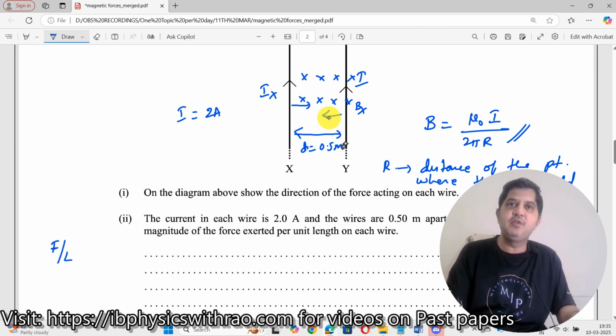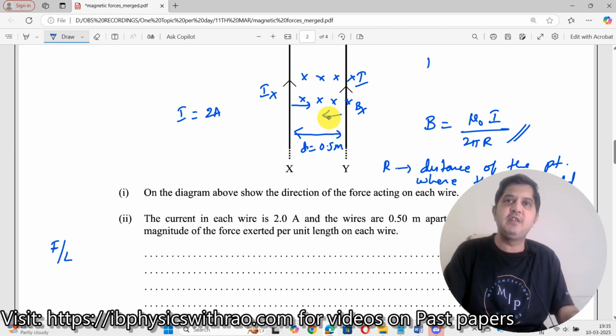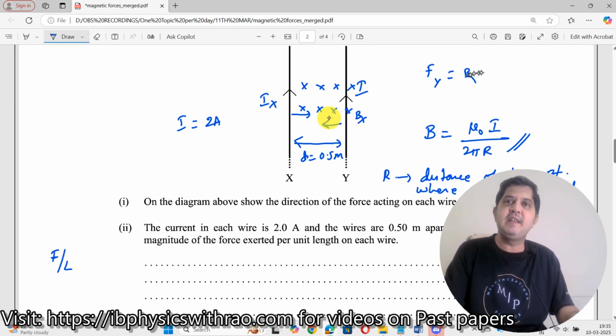Now if I ask you what will happen to this conductor, this conductor will experience a force. What is that force value? That force value is nothing but Fy. I'll write Fy is equal to Bx into Iy into Ly. This is what I should be getting over here.